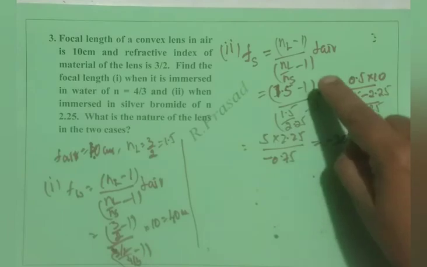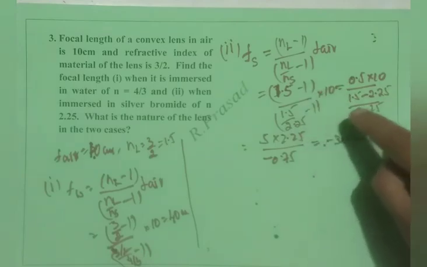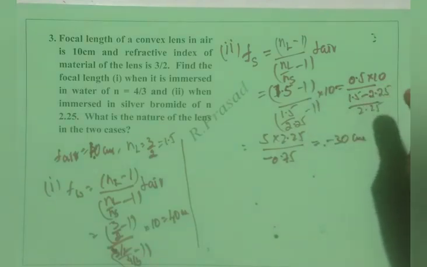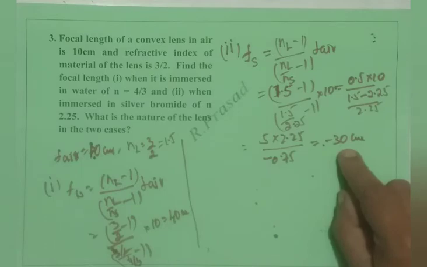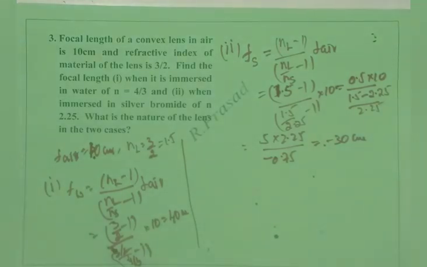But when it is immersed in silver bromide of refractive index 2.25, the same convex lens has focal length minus 30. That tells us it behaves as a diverging lens. Therefore, depending on the surrounding medium, a lens may act as a converging or diverging lens.